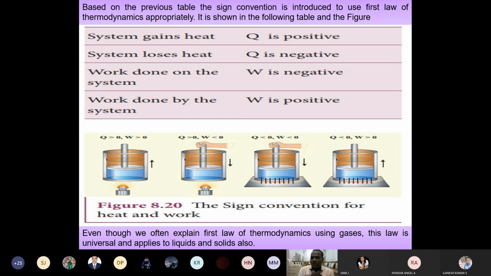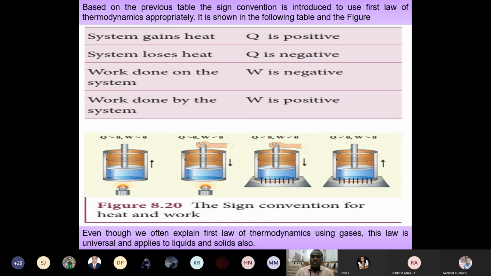Now in figure 4, we are not doing the work, but the system itself is doing work. So Q is also decreasing, and W is increasing because work is done by the system. Here work done by the system is happening, so W is positive, right?